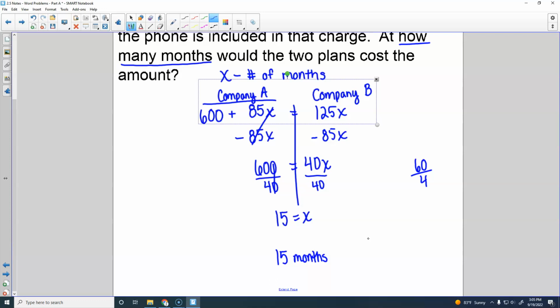So if this were the case, you would still at 15 months the price would be the same. So you would still have another 9 months you'd have to pay on your phone for the other company until they bumped it down to a lower price because you weren't paying for the phone anymore. So it's typically for most plans at 2 years that happens.